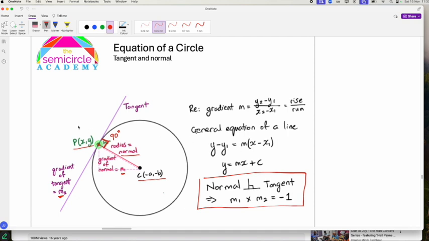And of course, I have the point P and I have the center C. So I could use y2 minus y1 over x2 minus x1 to find the gradient of the normal. And therefore, I could find the equation of the normal. And if I have the gradient of the normal, then I could find the gradient of the tangent, and I could find the equation of the tangent. And that is what this is all about.